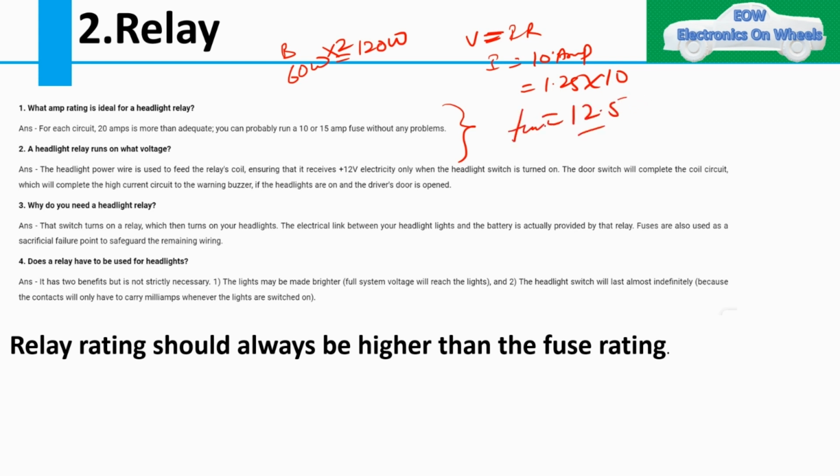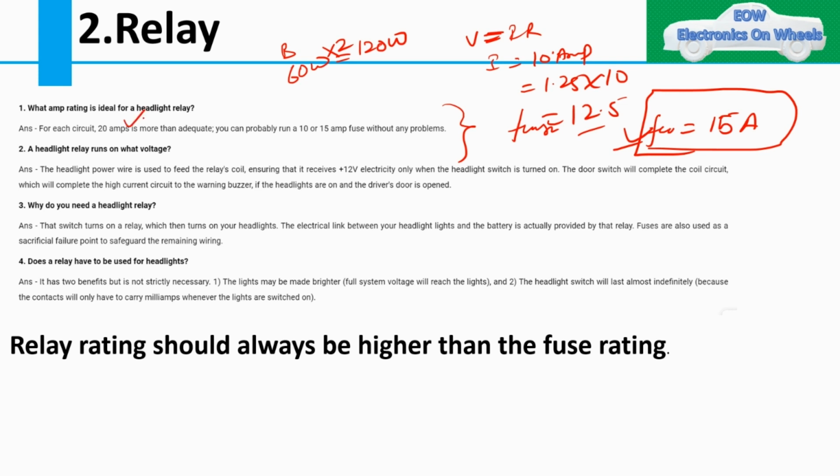We do not have a fuse of 12.5, so we will select a fuse of 15 amps. This is the 15 amp fuse we are going to use in this headlamp relay. Then what should be my headlamp relay rating?